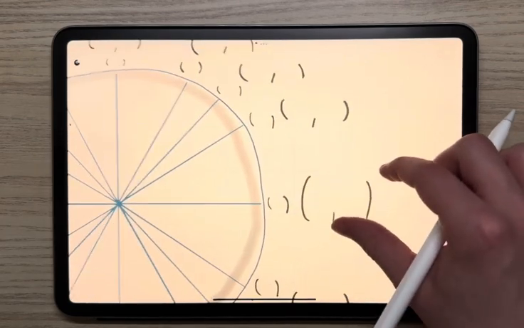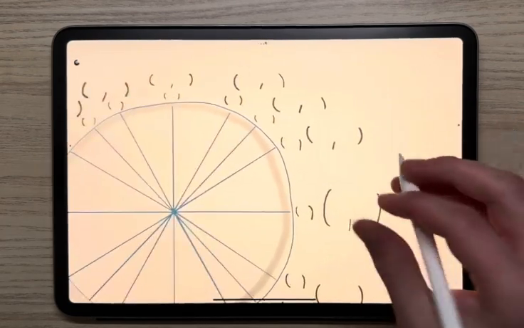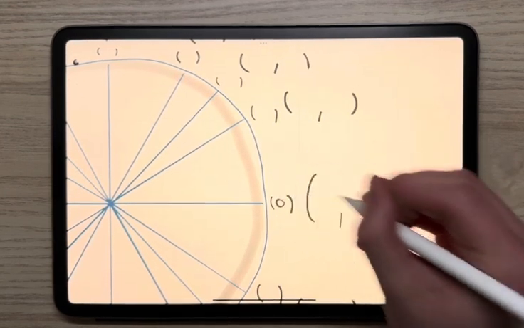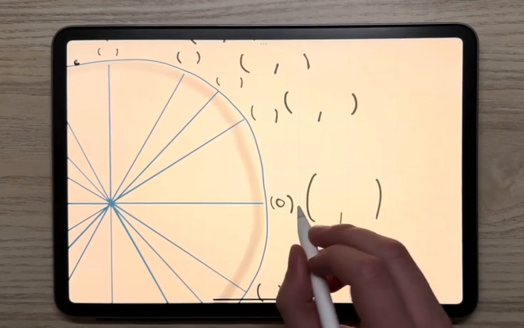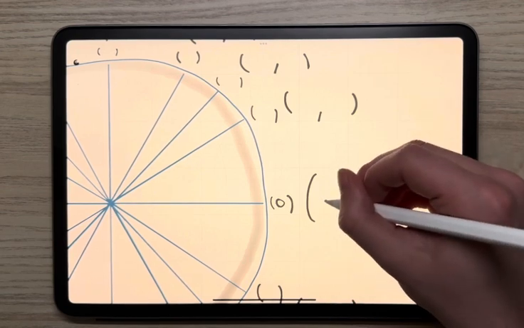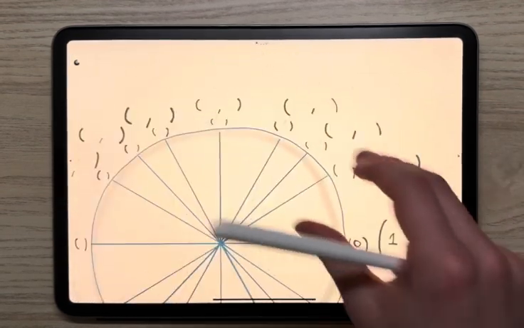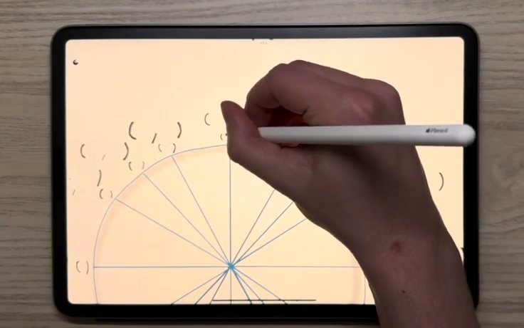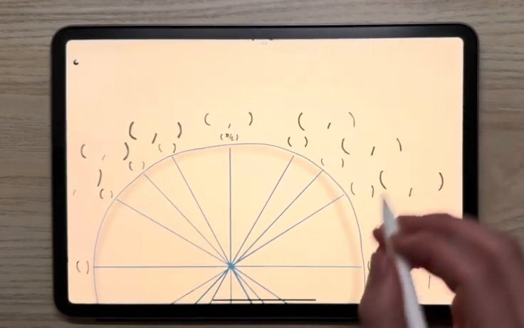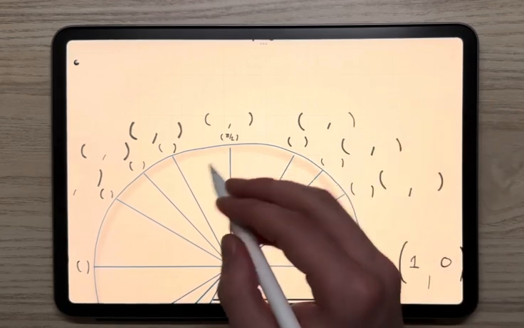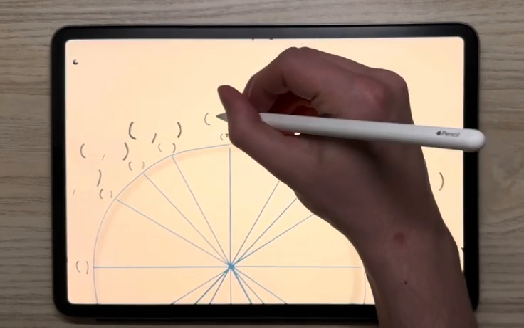So I'm going to fill out the multiples of pi over 2, which are right here. So this is 0 degrees, or 0 radians, and this is going to have a coordinate of 1, 0, because this is a unit circle. This is pi over 2, because this is a quarter, of course, and the whole thing is 2 pi, so a quarter of that is going to be pi over 2.